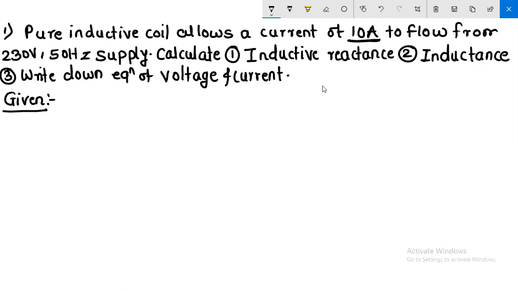No, sir. Whenever such a value is given in an example without specification, it is always the RMS value, which is 10 ampere.